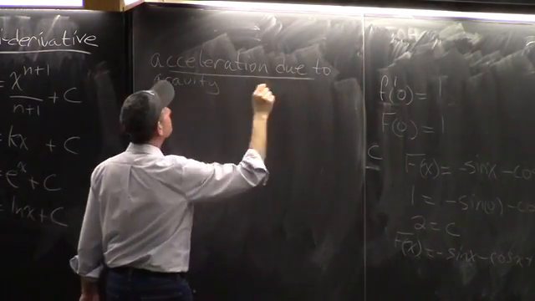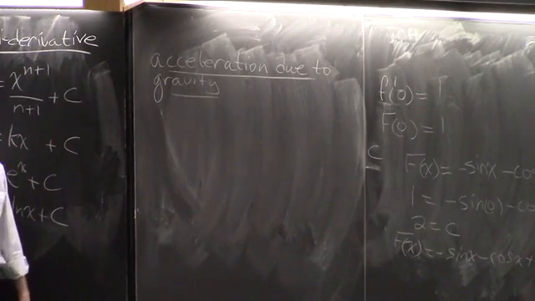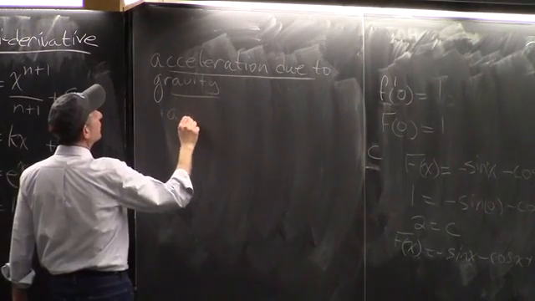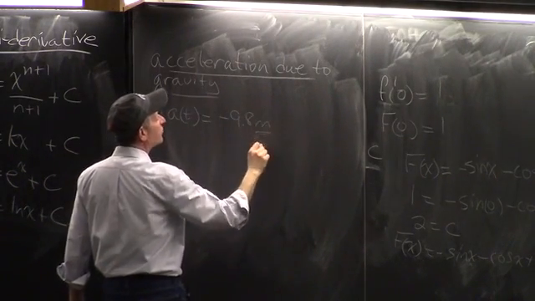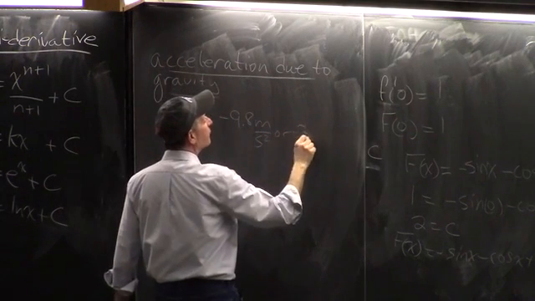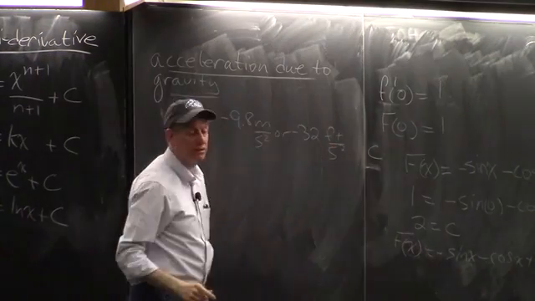If you have a problem that involves gravity, like if I throw something up or if I drop it, then the acceleration is either negative 9.8 meters per second squared or negative 32 feet per second squared.